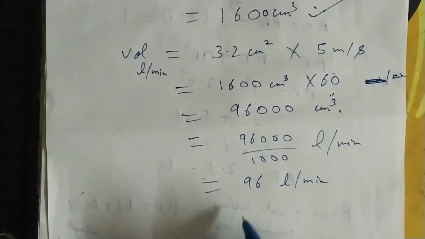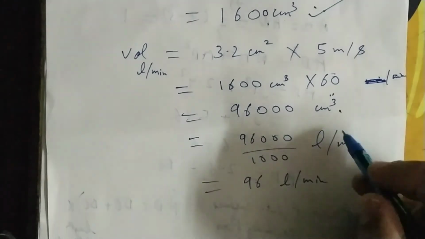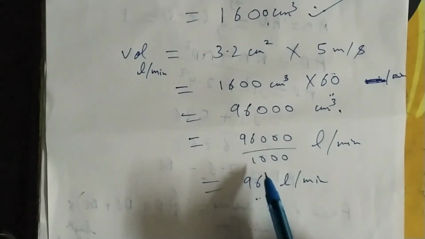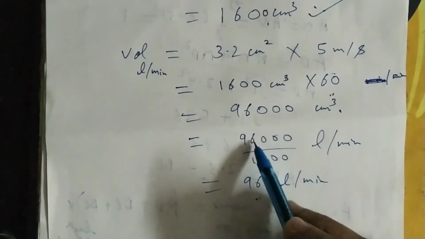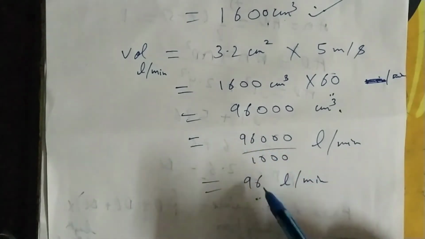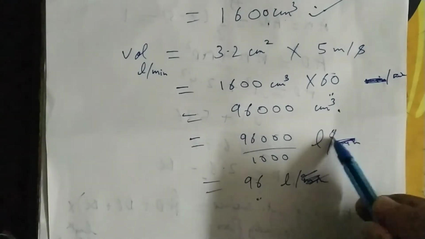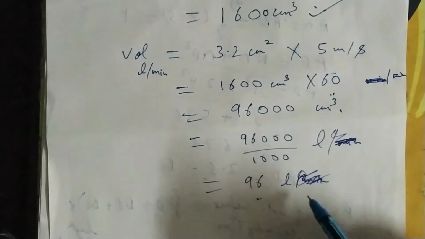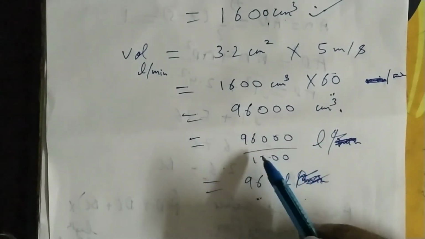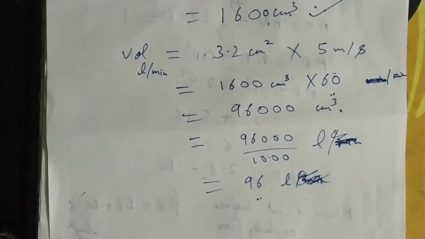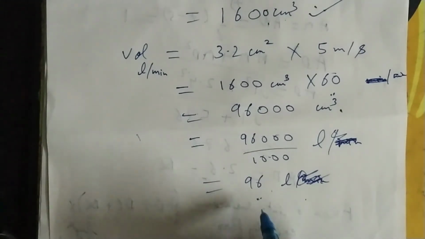Now for changing it into liters, what we did, just divide it by 1000 so as to get 96 liters of volume transferred, because they are not talking about speed, they are just talking about volume. So we will write only liter. So this is the volume transferred per minute.